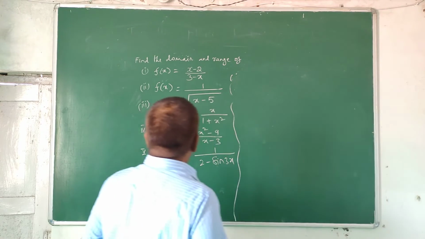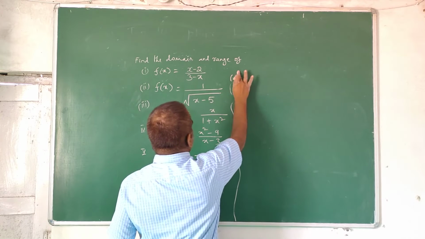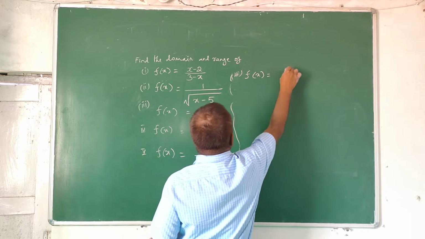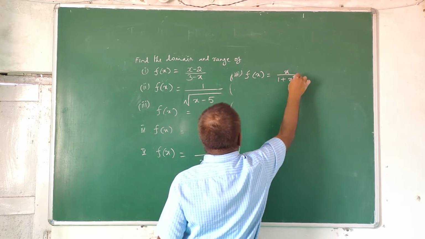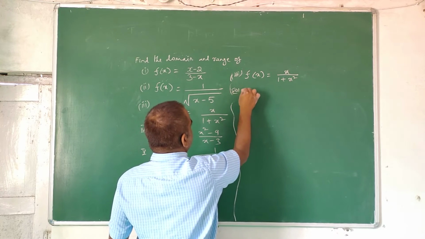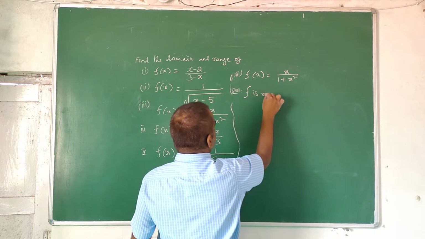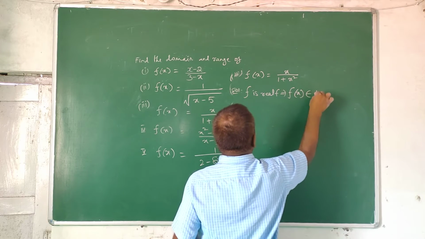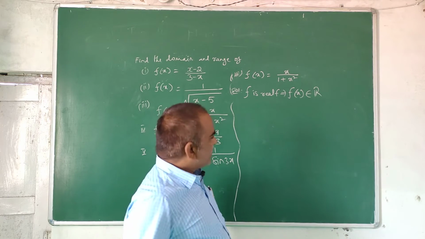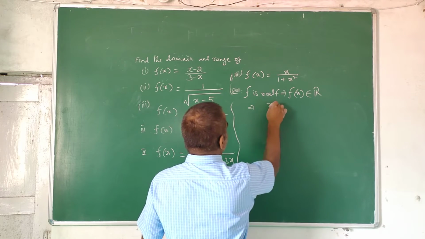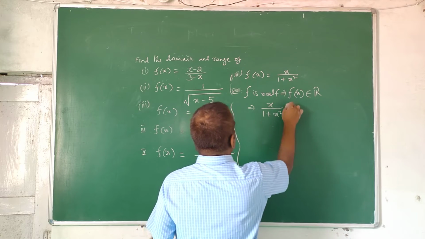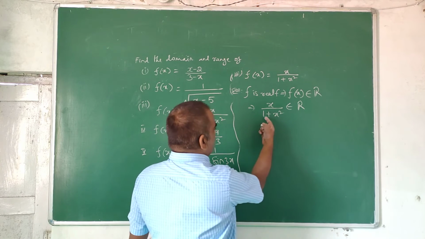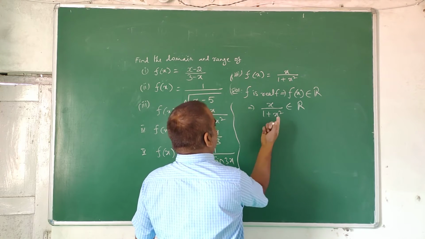So, coming to the third question, f of x is equal to x by 1 plus x square. Solution: f is a real function, which implies f of x belongs to R, which implies x by 1 plus x square belongs to R, and here no real number can make the denominator 0.